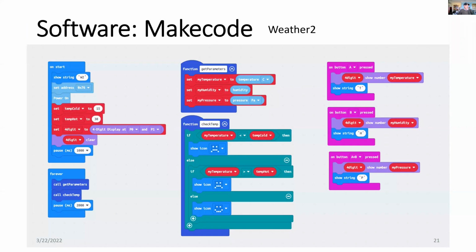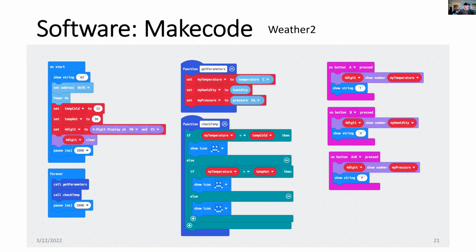So here's our first program. And what we'll do is we'll just navigate through that to see how it works. But you can see that it's been broken up into modules with the on start and forever. But we've also got 2 functions, and we've got some actions with our push buttons. So generally, our push buttons are going to select the parameter we want to display on the 4-digit display.